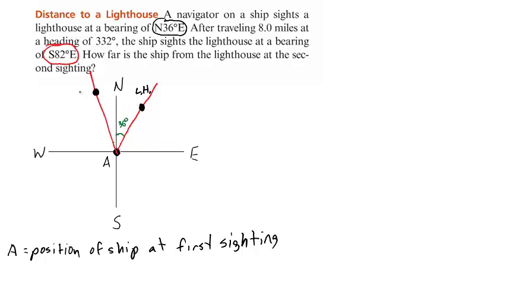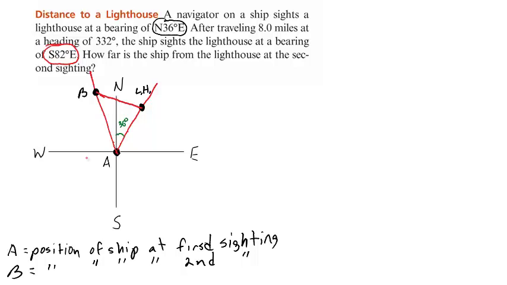So I'm going to make B the position of the ship at the second sighting of the lighthouse. And then I'm going to draw in a third side of this triangle between B and the lighthouse. So not surprisingly, I set up a triangle. Now, I've left some stuff out, so I got to go back and fill it in.